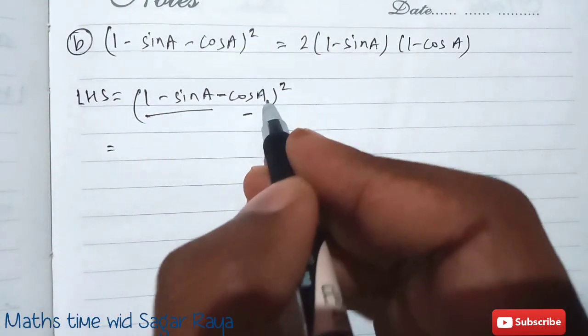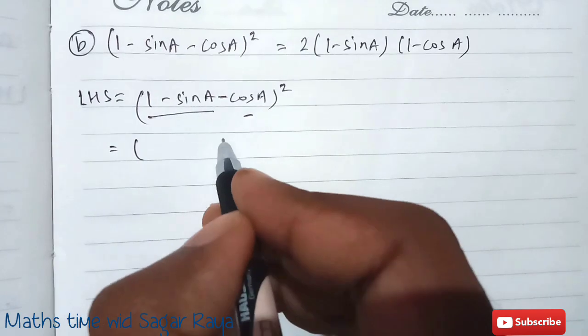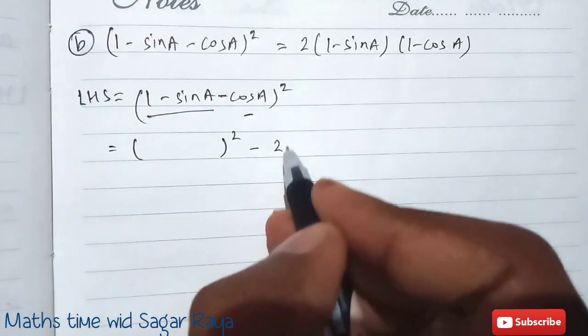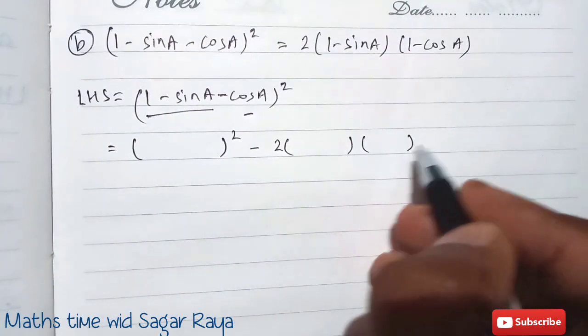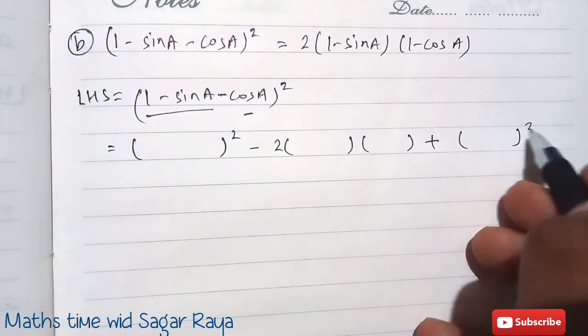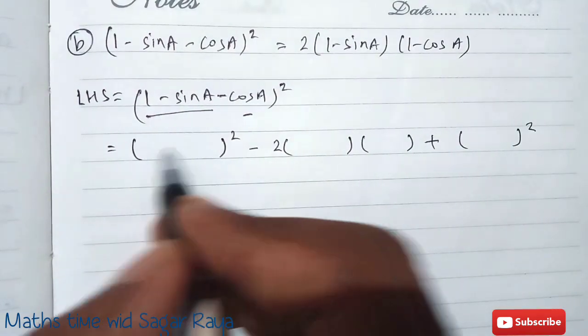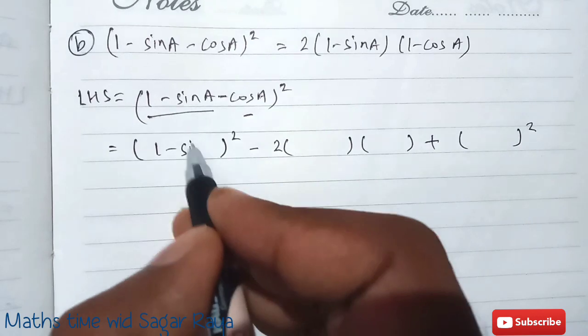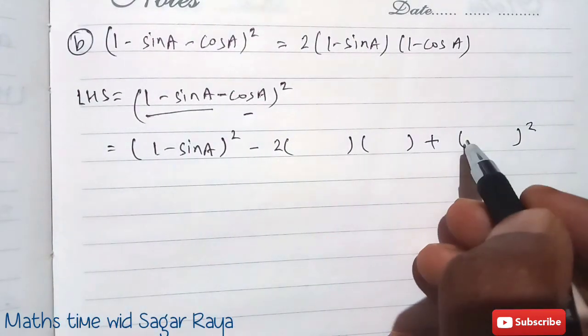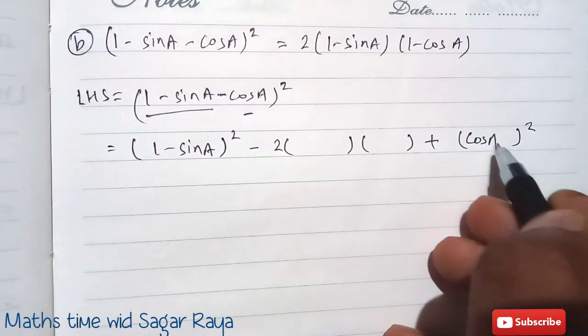The formula of (a - b) whole square is a square minus 2ab plus b square. Now instead of a I will write 1 - sin a, and instead of b I will write cos a.